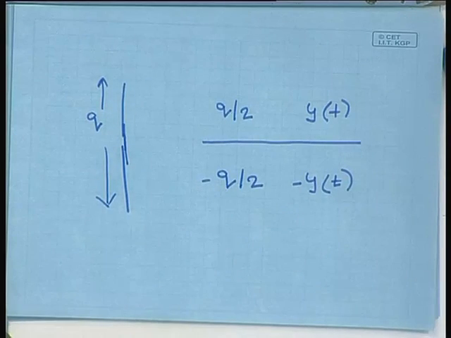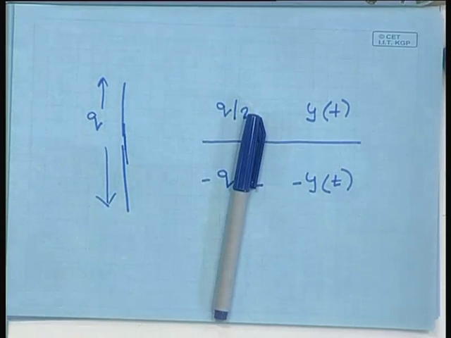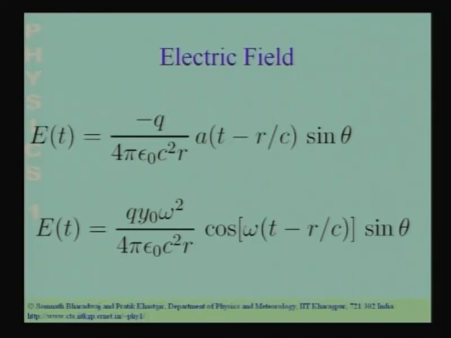Now, the point is that if I replace a charge q with minus q and replace the acceleration a with minus a, such a change does not change the electric field.